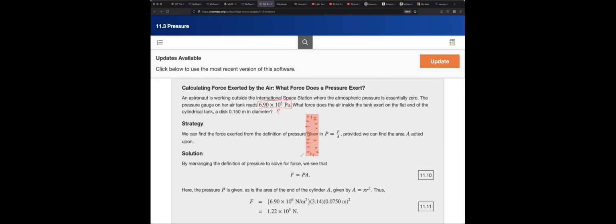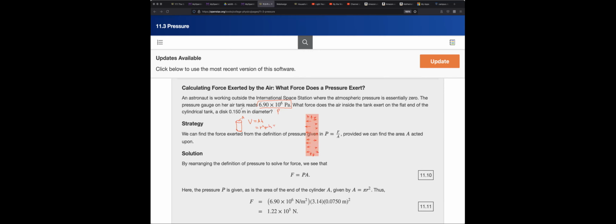Now we've got the area. We can figure out the area because they tell us it's a cylindrical tank, which means it's got circles on the top and the bottom, and it's got this height to it. And so the volume is going to equal the area of this circle right here times the height of the tank. Well, the area of the circle is going to equal the radius of the circle squared times pi.